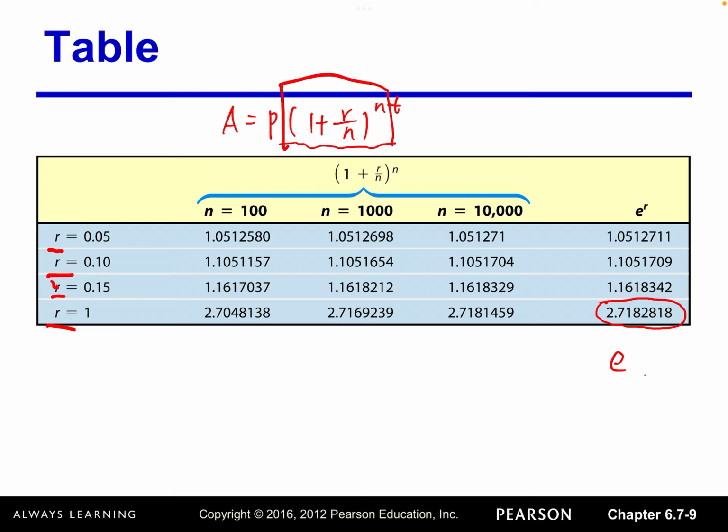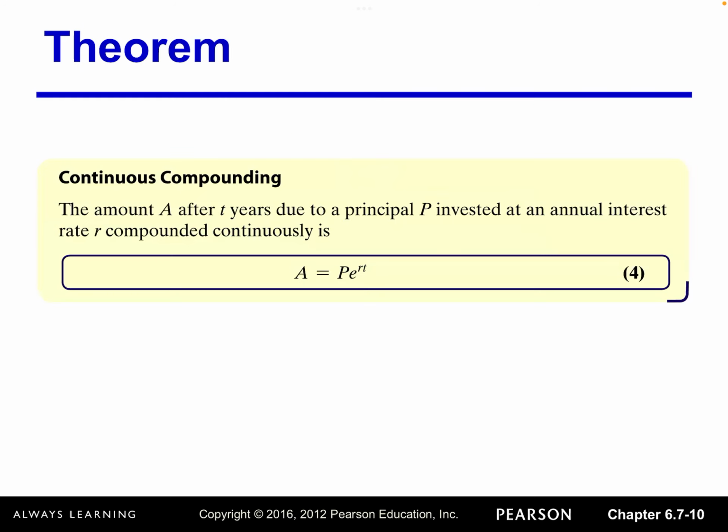The part in parentheses is actually e to the R power. That's why, if the interest is compounded continuously, we get the formula A equals P times natural e raised to the RT power, which is on the next slide.